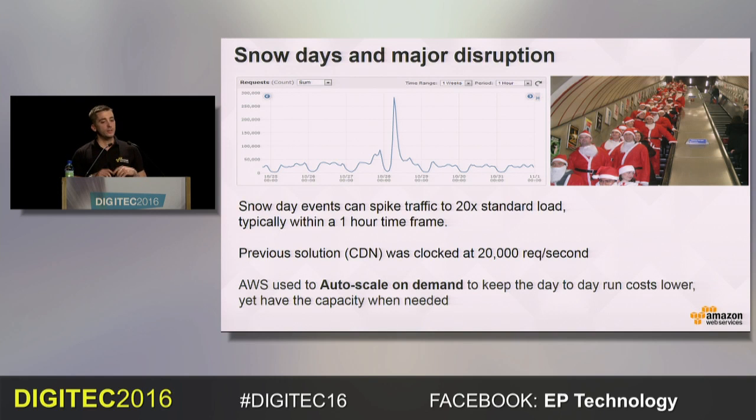Well, if TfL had to cater for that all year round, they would have to cater for that storage capacity and CPU capacity all year round. What they can do with a cloud infrastructure is cater for that spike and scale up on that spike automatically and then scale it down. The previous CDN solution had a limit. It had 20,000 requests per second. Now they can scale up the CDN as they need it and pay only as they need it, and then scale it back down.